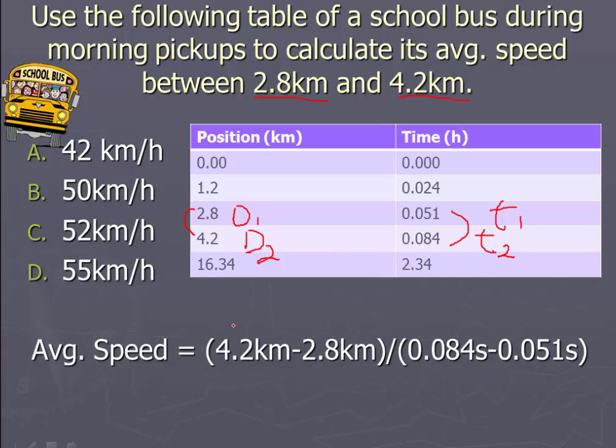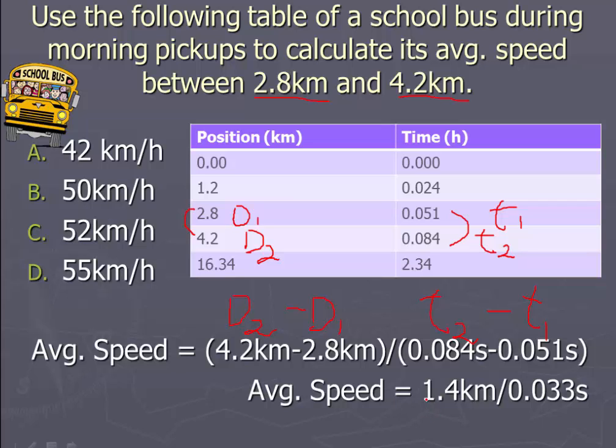So you start off by taking your distance 2, subtracting your distance 1. So we have our total distance between the 2 points that we're looking at. In time, you take time 2 minus time 1, and that gives us a total time frame that we're looking at.